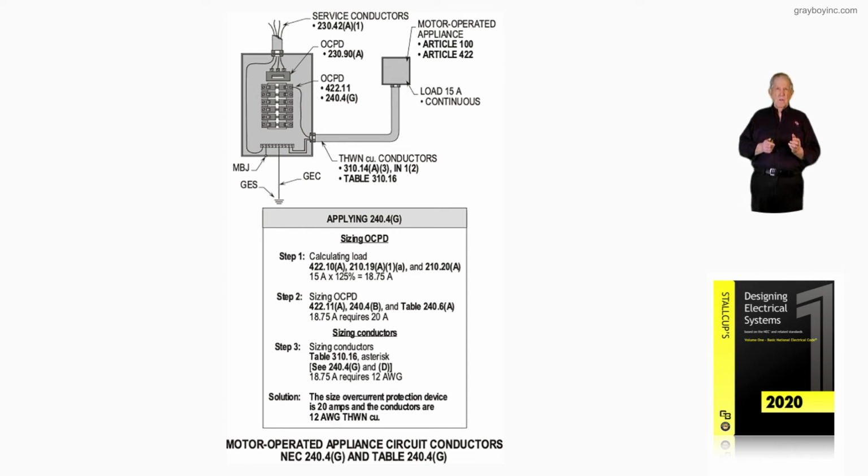And we take care of the conductor and the overcurrent device by reviewing these 3 sections. So when it's all said and done, 125% of the 15 amp connected load, and the calculated load is 18.75.